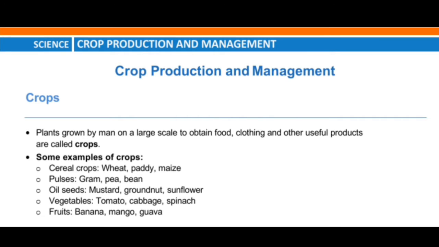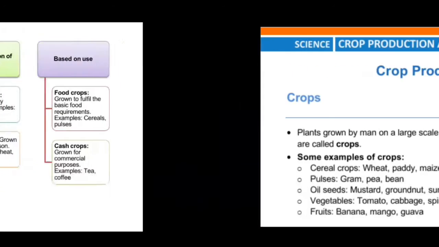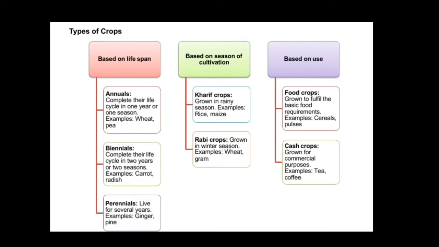And if you say a crop of wheat, then it would mean a field which only has wheat plants. Alright, so that is what we mean by crop. Next comes the types of crops. Crops can be classified into three types. Basically, there are three bases of classification.